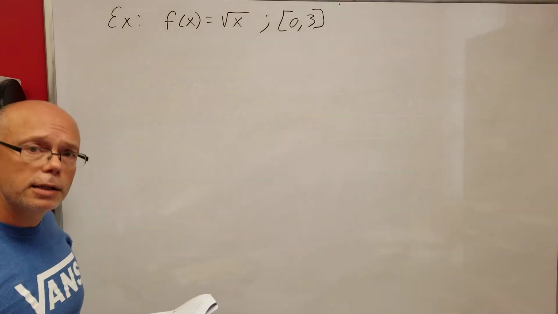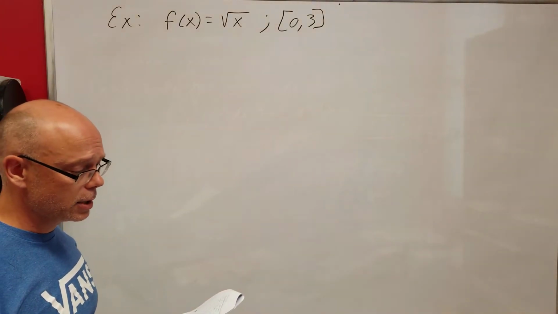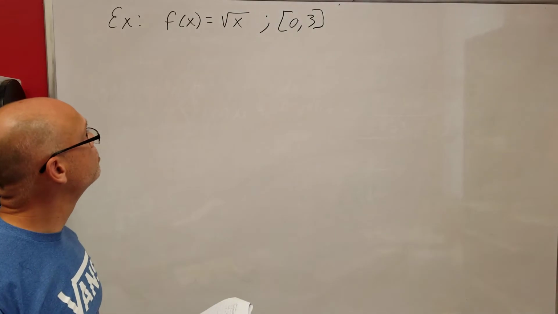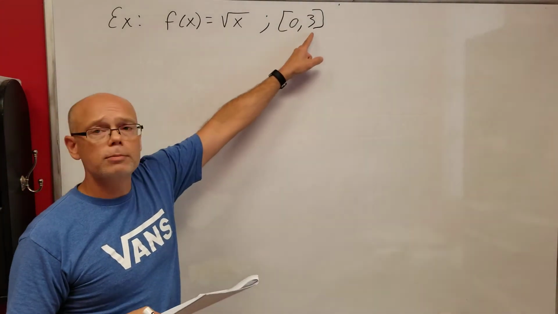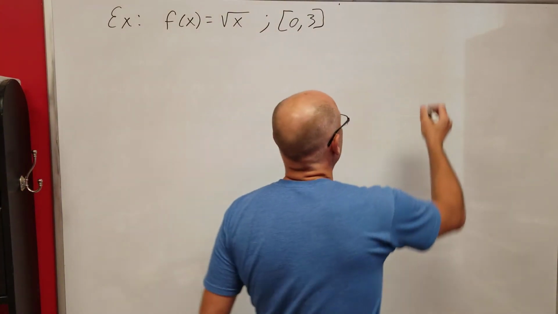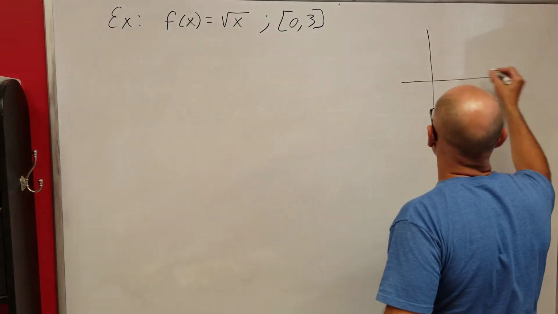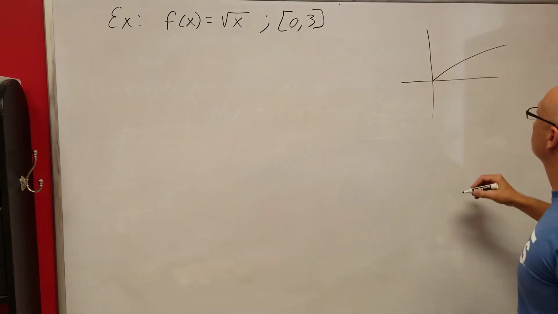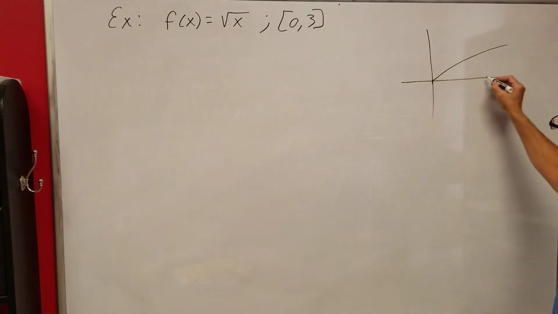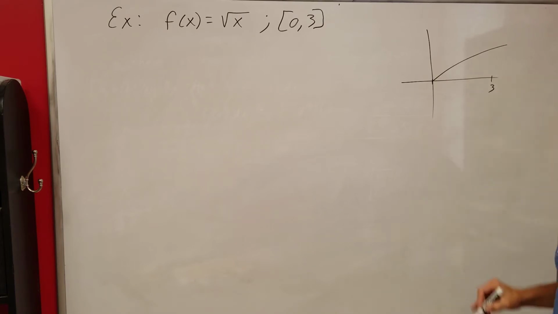Now the mean value theorem says if f is continuous on a closed interval from a to b, is this function continuous from 0 to 3? Yeah, think about what it looks like, okay? Doesn't our function look like that? And if we're looking from 0 to 3 right here, it's continuous, right?